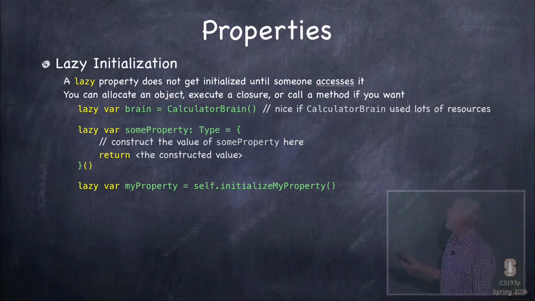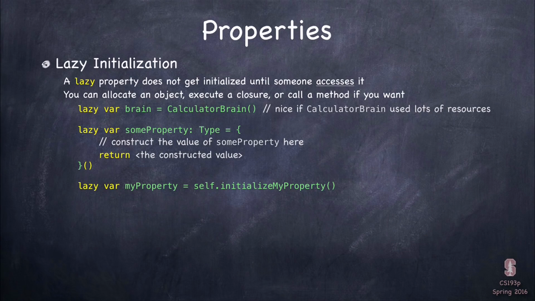Got it? And how about this one in the middle here? Some property of a given type equals a closure with open parentheses, close parentheses on the end. This just means initialize this by executing the code inside this closure. It's very similar to doing self.initialize my property, but you're putting the code in this closure instead of putting it in initialize my property, whatever that method is.